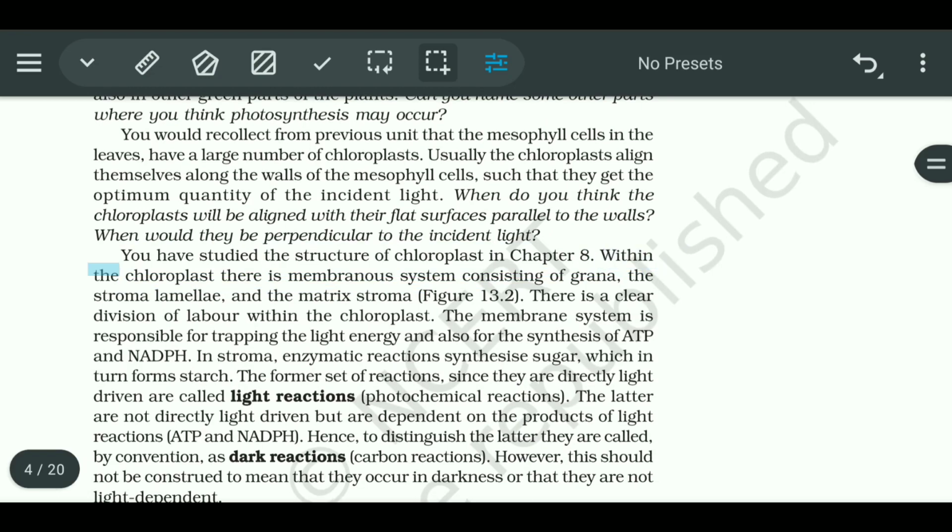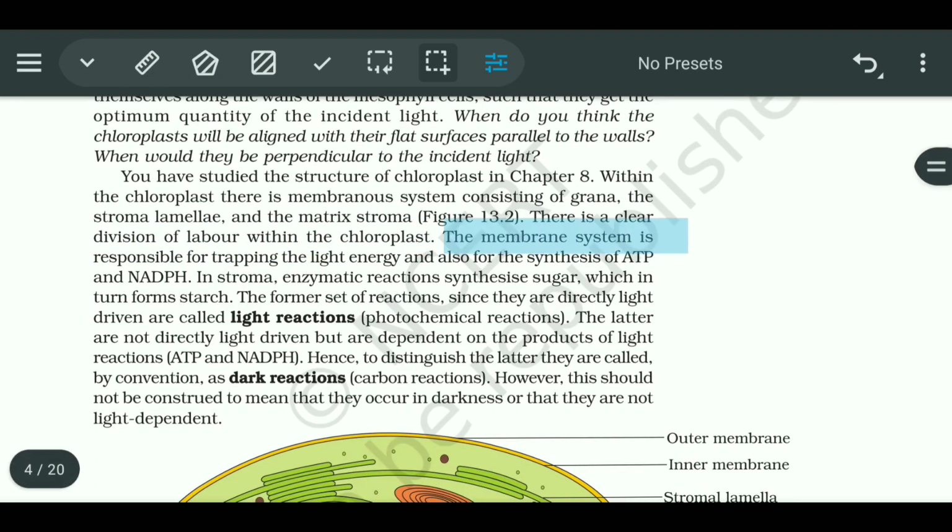Within the chloroplast, there is a membranous system consisting of grana, the stroma lamellae, and the matrix stroma. There is a clear division of labor within the chloroplast. The membrane system is responsible for trapping the light energy and also for the synthesis of ATP and NADPH. In the stroma, enzymatic reactions synthesize sugar, which in turn forms starch.